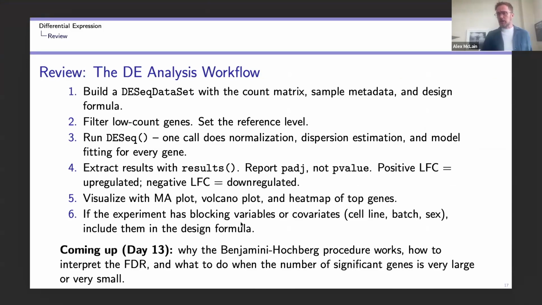If the experiment has blocking variables or covariates, cell line, batch, sex, etc., let's include those in the design formula. That can help the power and give us a better analysis. So we'll talk about this more in the afternoon. We'll explore this for the Priscilla dataset, and tomorrow we'll return to this. We'll talk about some of the details of how this DESeq procedure works.